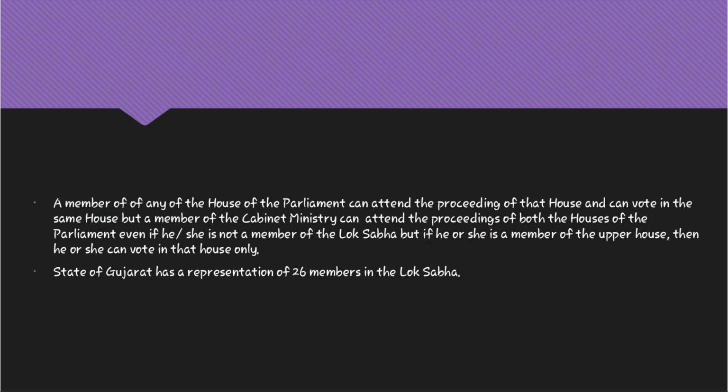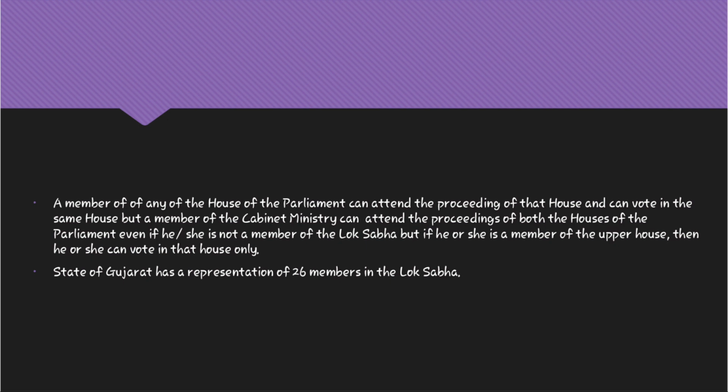A member of any house of the parliament can attend the proceedings of that house and can vote in the same house. But a member of the cabinet ministry can attend the proceedings of both the houses of the parliament even if he is not a member of Lok Sabha. But if he or she is a member of upper house, then he or she can vote in that house only.